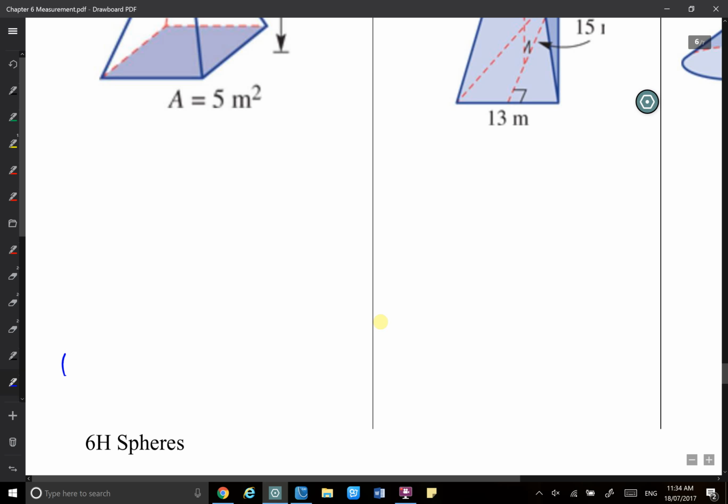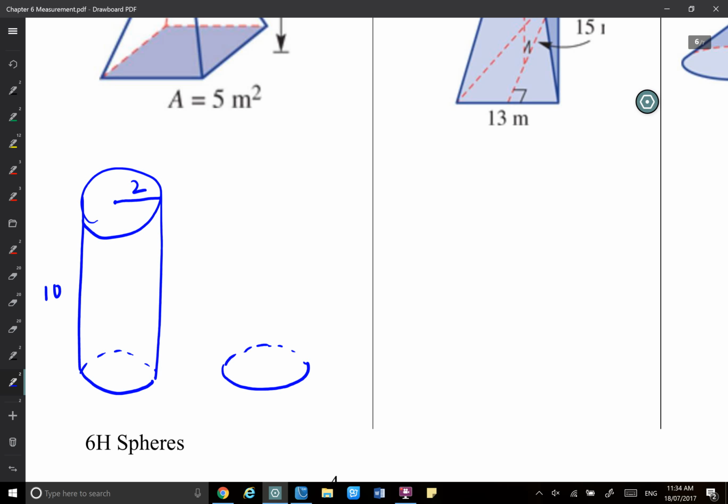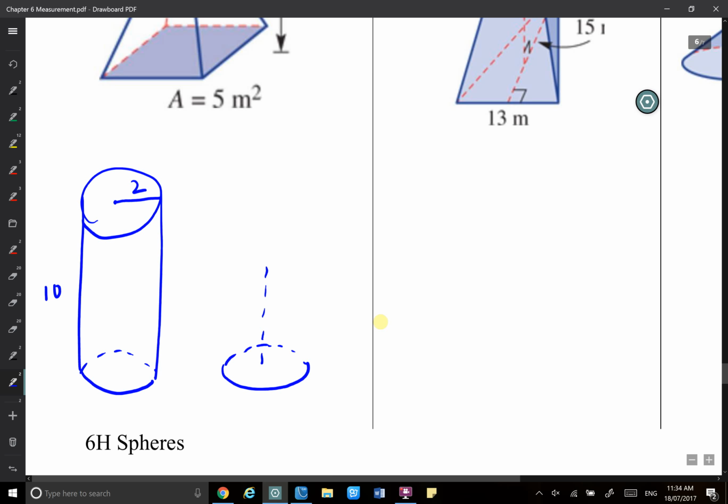For example, we have a cylinder with a circular base of radius 2 and height of 10. And then we have a cone. This cone has the same base and the same vertical height from the base to the point on the top, so a height of 10 as well.